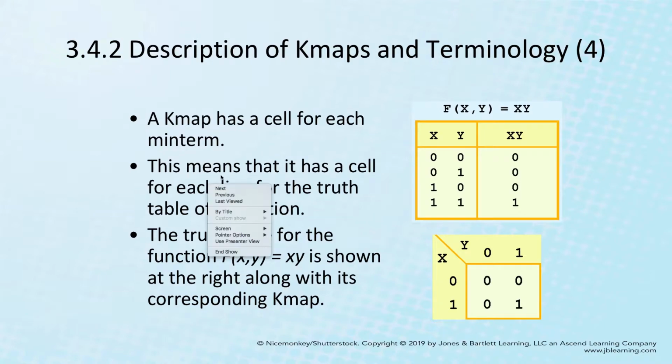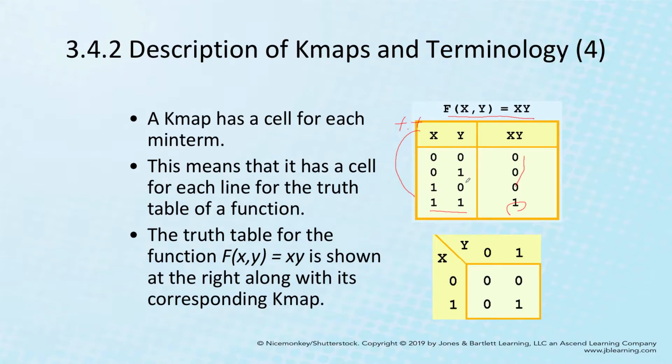So the K-map for two variables changes the truth table into a two-dimensional matrix. Suppose you have a Boolean function xy. The truth table says xy is 1 only if x and y are both 1s, otherwise it's all zeros. This is the truth table representation. Then for the K-map, we make it two-dimensional, since we have two variables, one for each row and column.